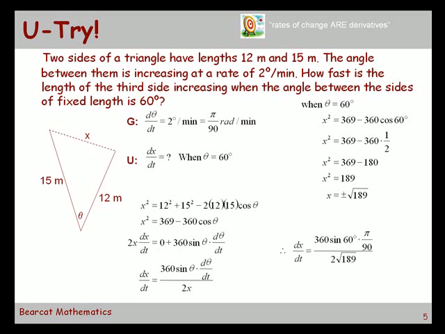Therefore, plugging back in, dx over dt equals 360 times sine 60 degrees times pi over 90, divided by 2x, which is now root 189. We can put that in a calculator and get an approximation to whatever degree we want. So it's about 0.396 meters per minute.